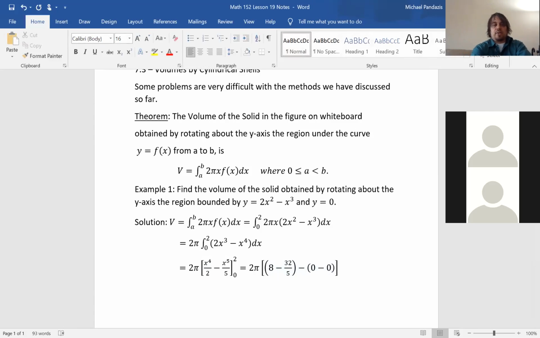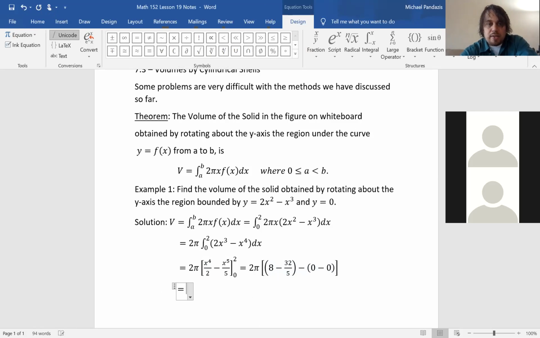So those are the calculations. So this is equal to 2 pi times, now 8 minus 32 over 5 is 40 over 5 minus 32 over 5, so that's 8/5, minus 0. So that's 2 pi times 8/5, so that's 16/5 pi.